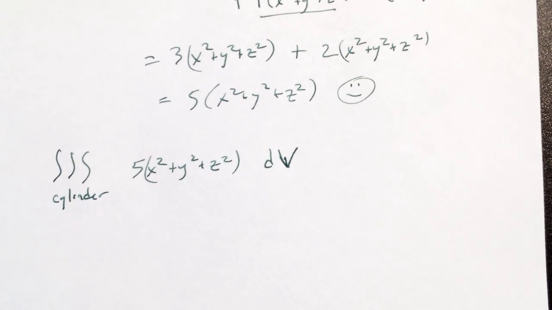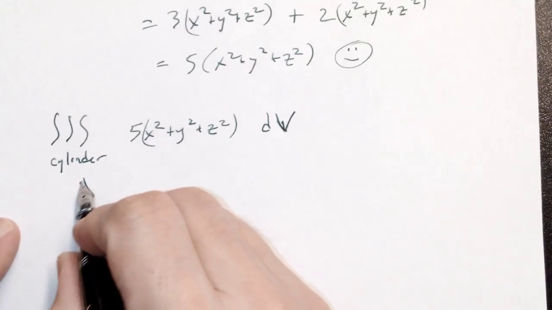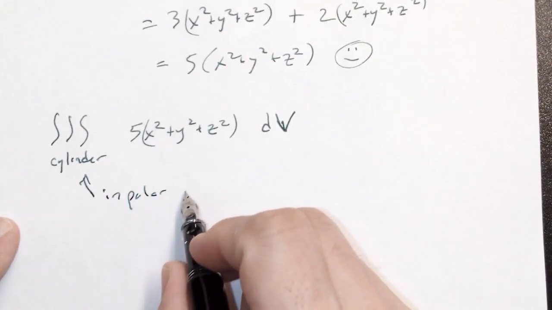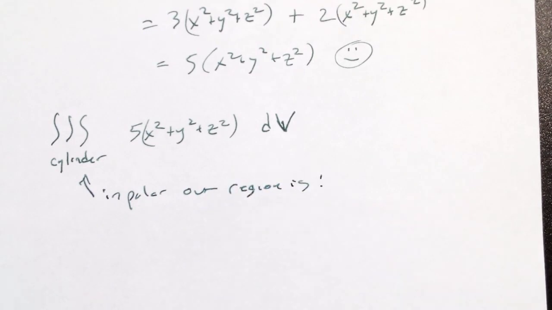I just think that's going to give me more pieces to add and worry about, but it absolutely does work. It should end up being the same here. So here's my question. If I'm switching to cylindrical, to polar coordinates, what's my description of the cylinder? r, theta, and z, right?